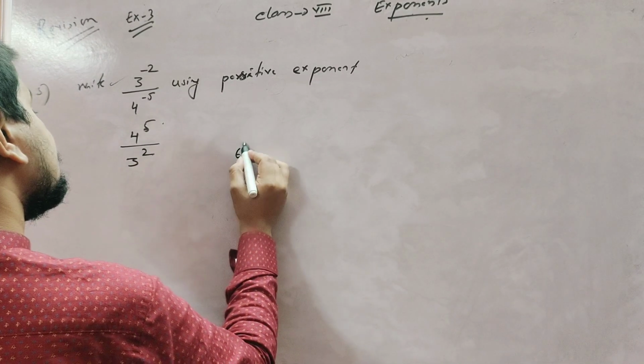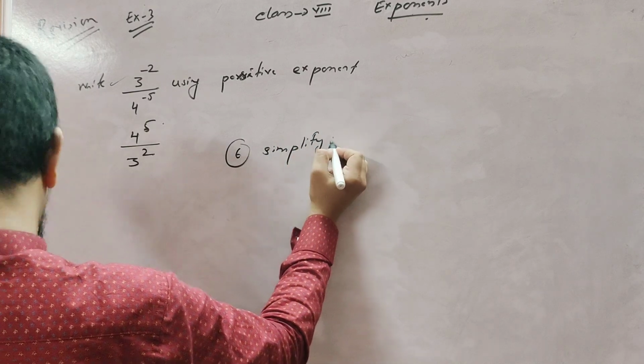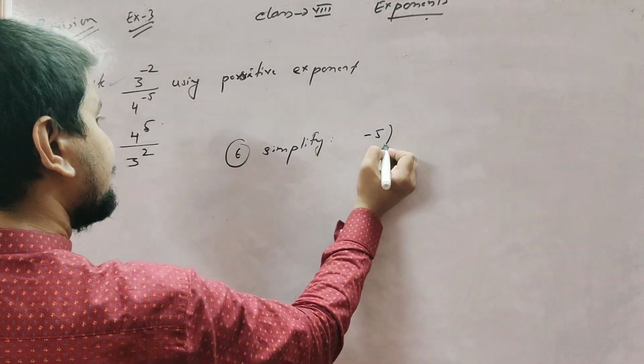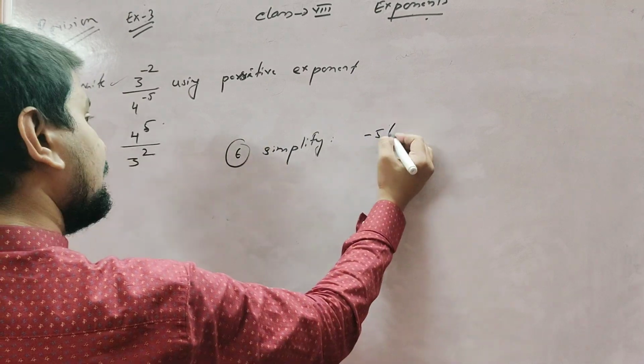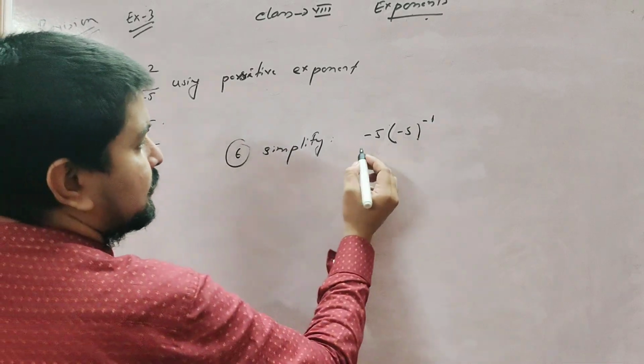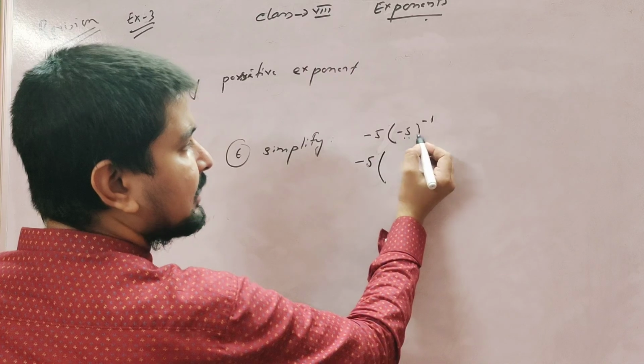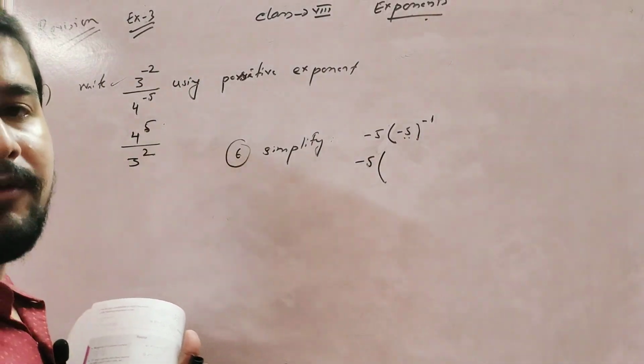So this gets a positive exponent. Question number 6. Simplify -5 into -5 to the power -1. So this is -5. Okay. This -5 has the power -1.